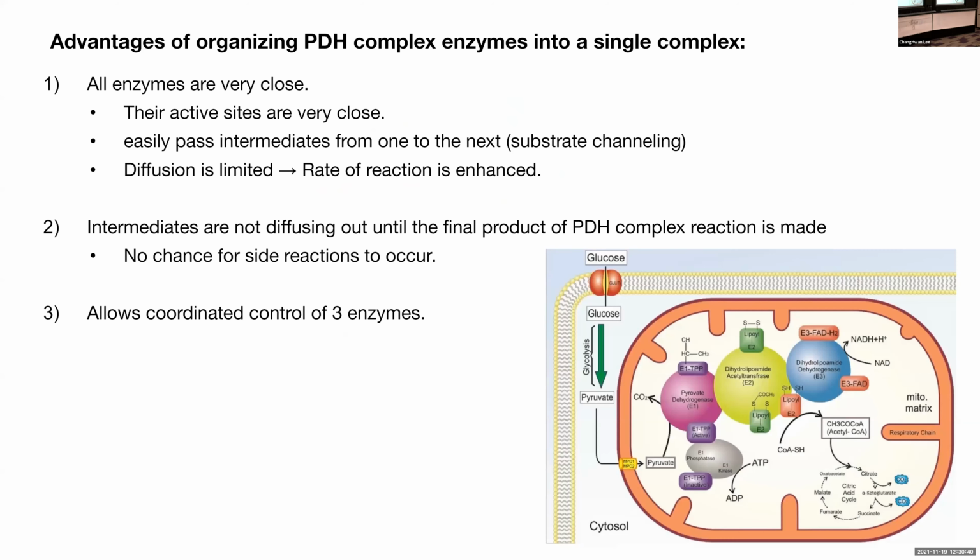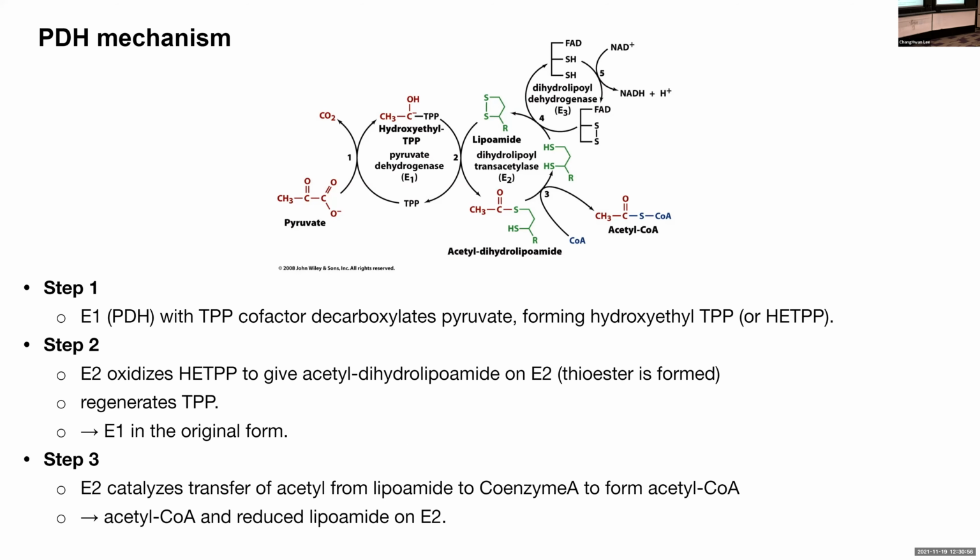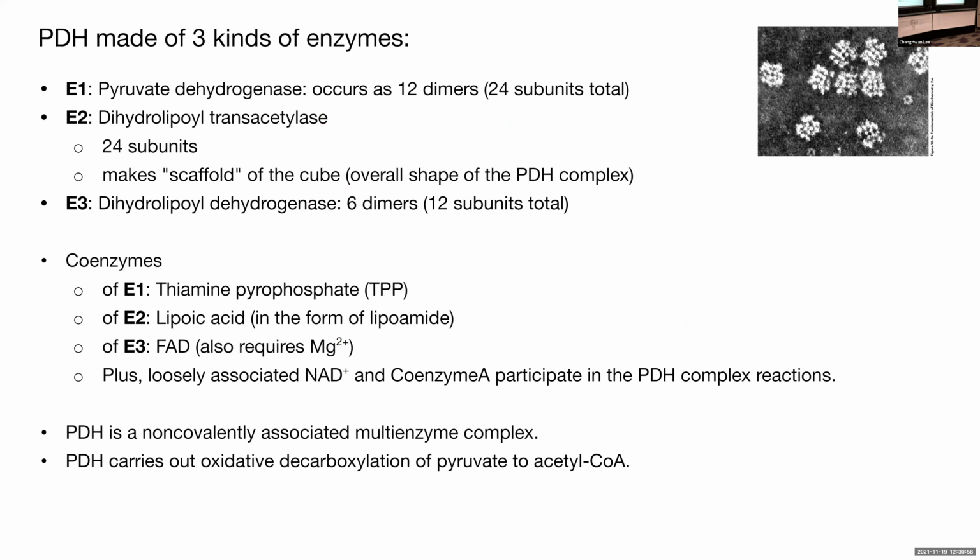It's more the mechanisms and concepts rather than the facts that I'll be asking. That doesn't mean that I'm not going to ask anything about the facts. I could ask, what is required as a cofactor for E2, which is right here, right? Lipoic acid, something like that. Definitely can ask that.